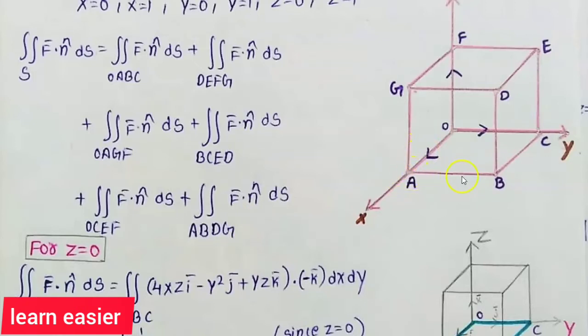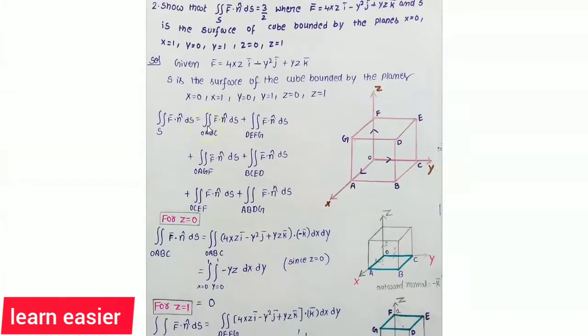So here are A, B, D and G. So all these surface integrals form the surface integral of the cube. If we add the surface integral of all these planes, then we can get the surface integral of the cube. Now let's start the surface integral of each plane.